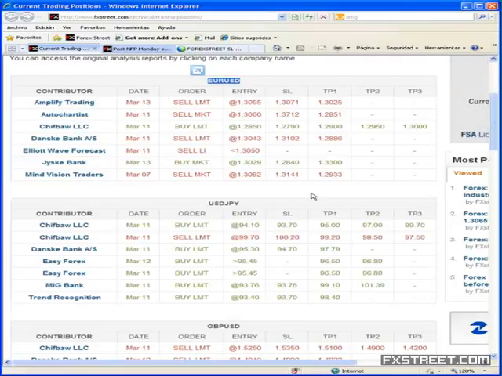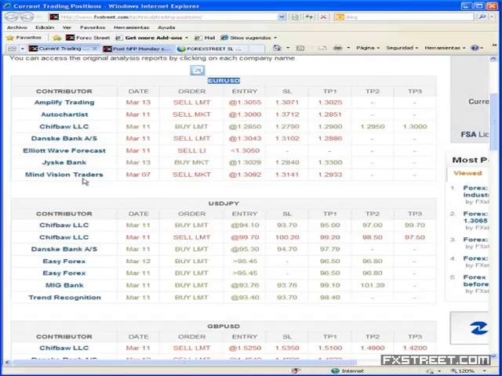I must say that the positions may remain valid for several days, as long as the invalidation levels are not hit. So the position remains valid. We see here positions dating from the 7th, for example. This means that trade idea is still valid.